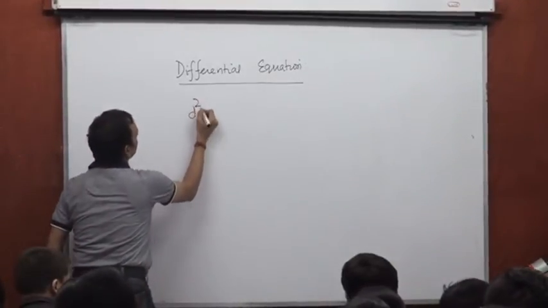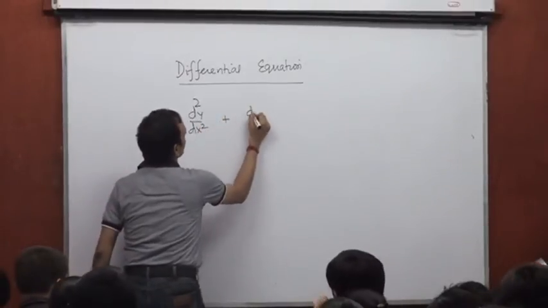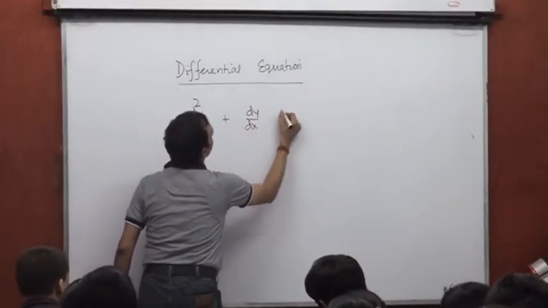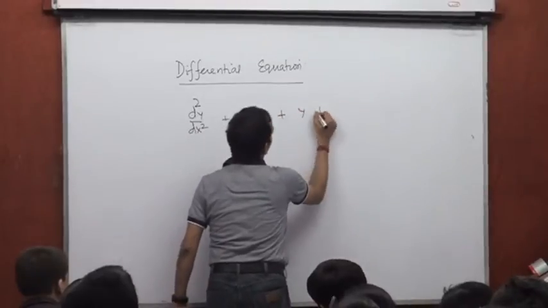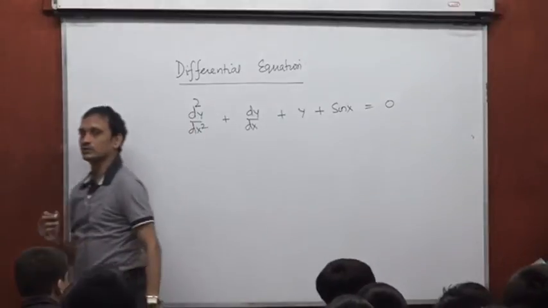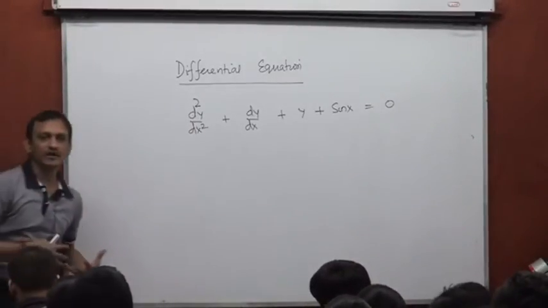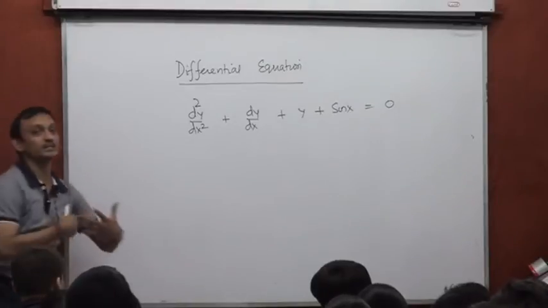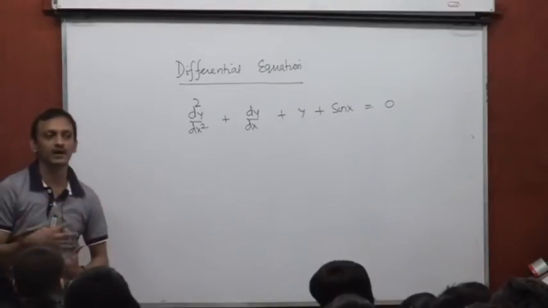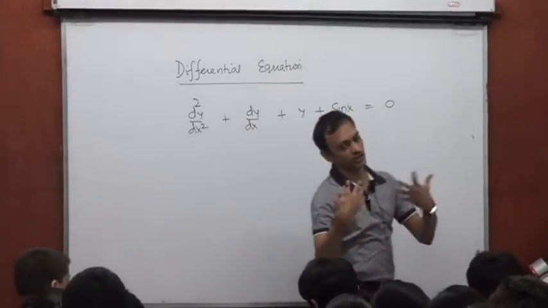For example, d2y dx2, dy dx, y plus sin x equal to 0. This is a differential equation. A relationship between the various derivatives, the function, the independent variable x, the dependent variable y, all put together. A relationship connecting all of them is a differential equation.